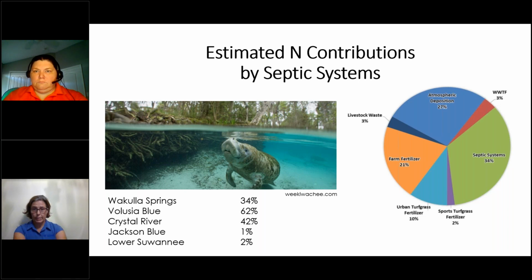Now, what does this septic systems remediation plan look like? Basically, within the springs recharge basin, a priority focus area is established. That is an area where the land use is more likely to impact the water quality coming out of the spring, usually due to geology and proximity to the spring head. In this area, no new homes can be built with conventional septic systems.